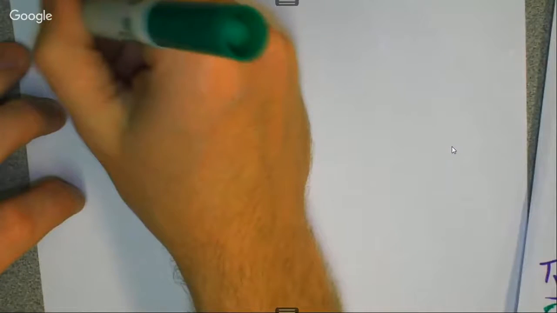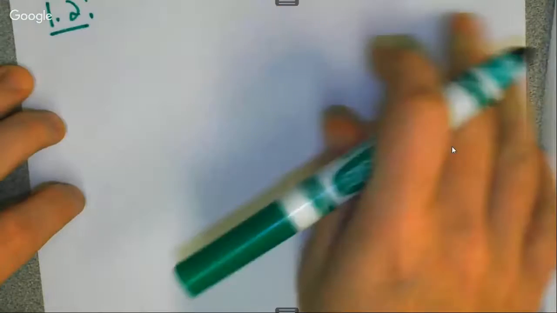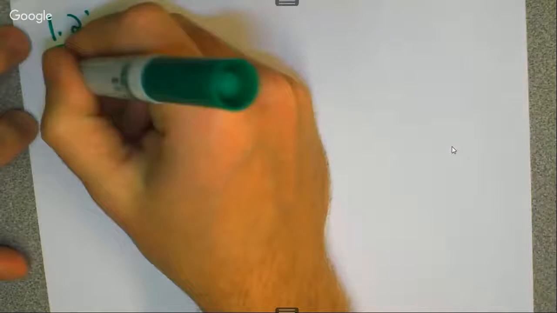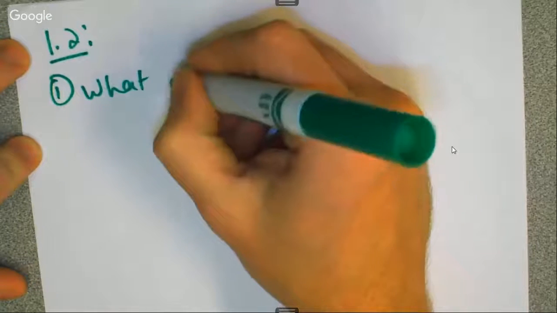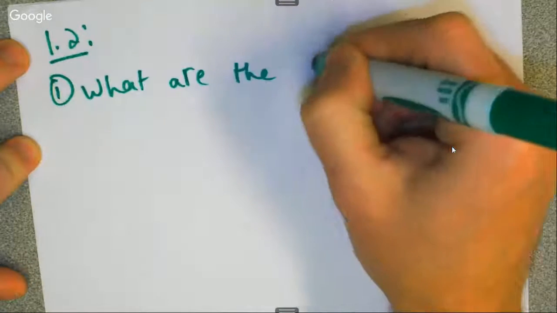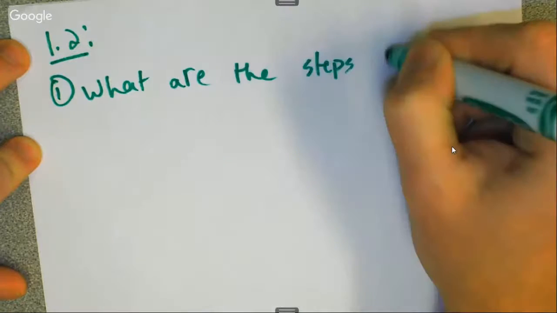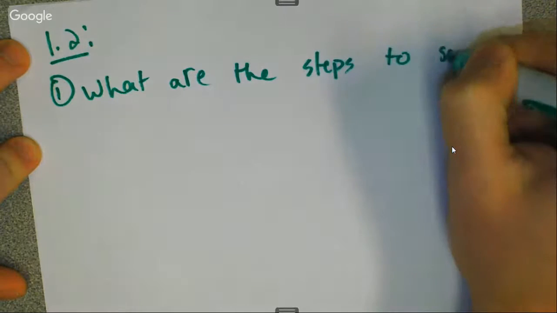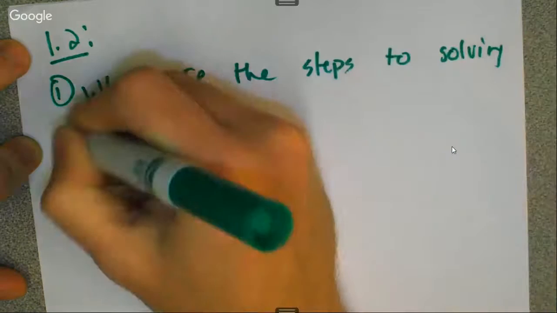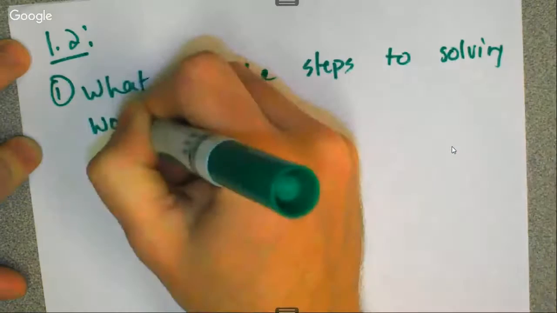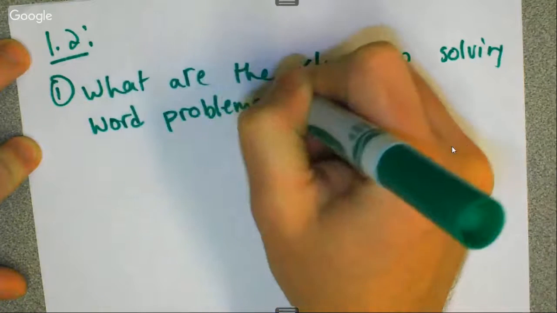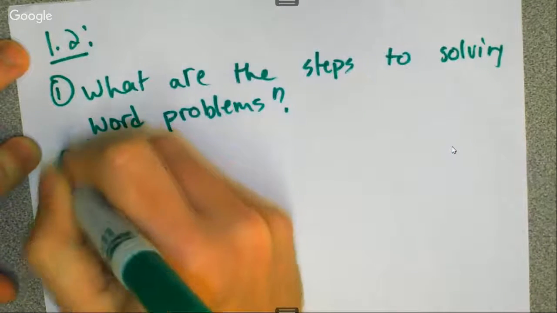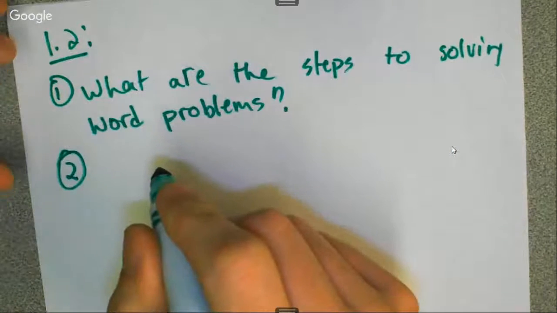So our questions here for 1.2 are going to be very easy. Number 1, what are the steps to solving word problems? And number 2, we're only going to have 2 questions on this one.